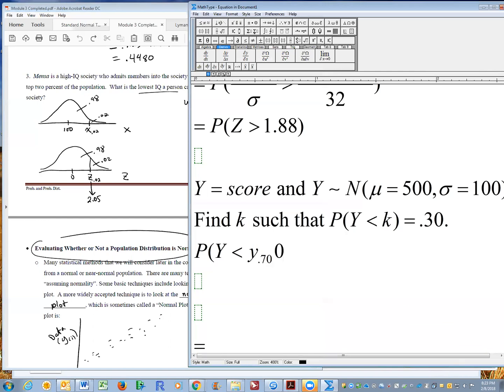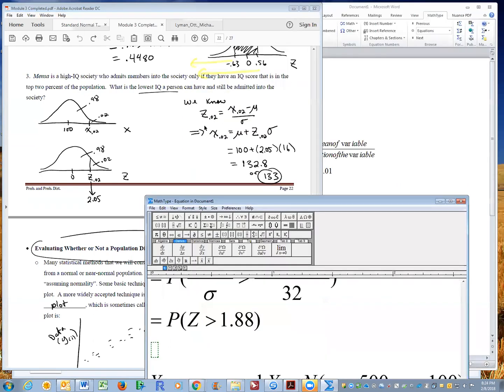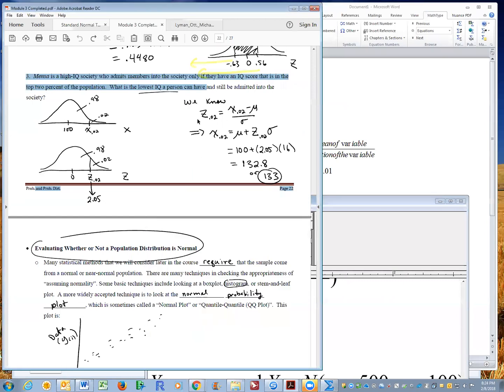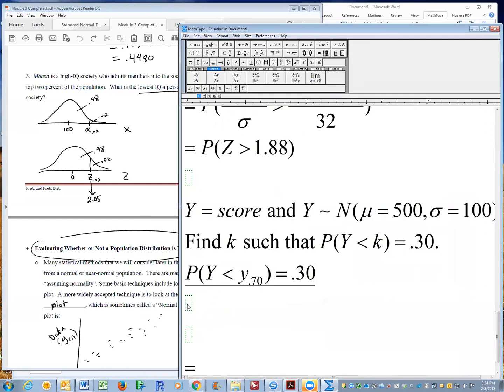So that k is the 30th percentile, or y sub 0.70. In order to find y sub 0.70, I've got to use the standard normal distribution. I have to find the 30th percentile for the standard normal, and then use the relationship z equals x minus mu over sigma to get y sub 0.70.